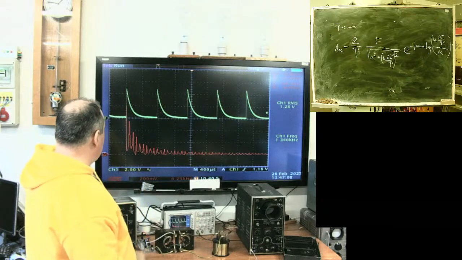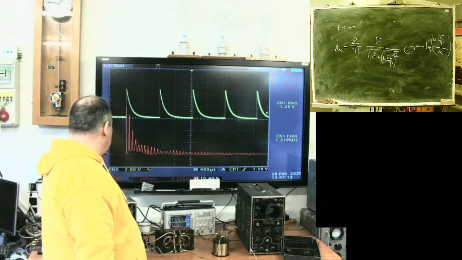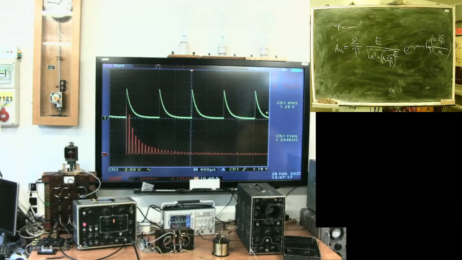My scope is smart enough to perform a discrete time Fourier transform.